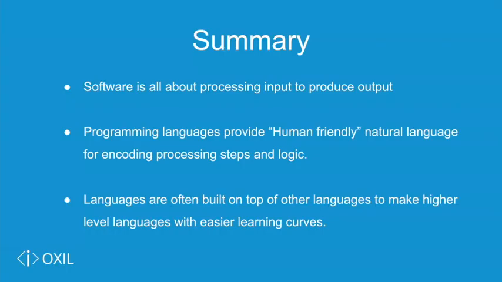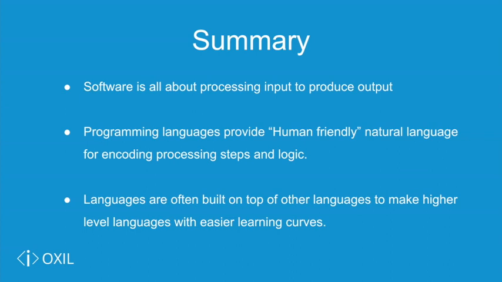So finally, in summary, the key points to make are that software is all about processing inputs and producing outputs. That's been the theme all the way through this presentation. Programming languages provide human-friendly, natural language, hopefully, in many cases, for encoding processing steps and logic.